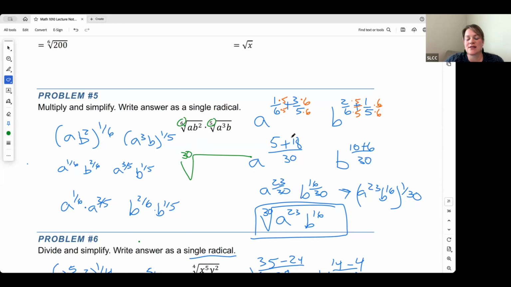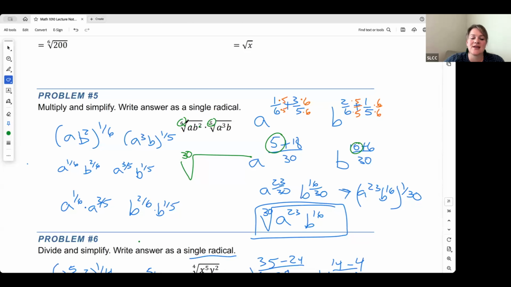How do I fix the numerators? Remember, I multiply by the other. So here I would multiply a times 5 and b times 5, right? So a to the 1st, that's a to the 5th, and b to the 10th. See these numbers right here? 5 and 10.